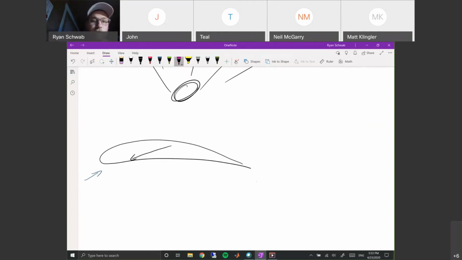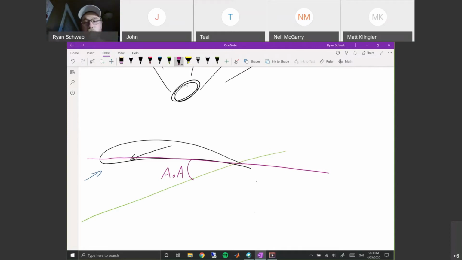So now if we wanted to start drawing some lines, let's look at a line from the leading edge through the trailing edge, and we'll pretend that's straight. We'll have another line that's parallel to our direction of travel or our direction of airflow. What does that look like? So in between here, this is our angle of attack.